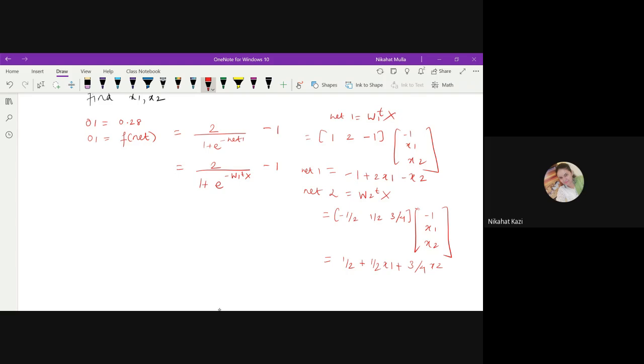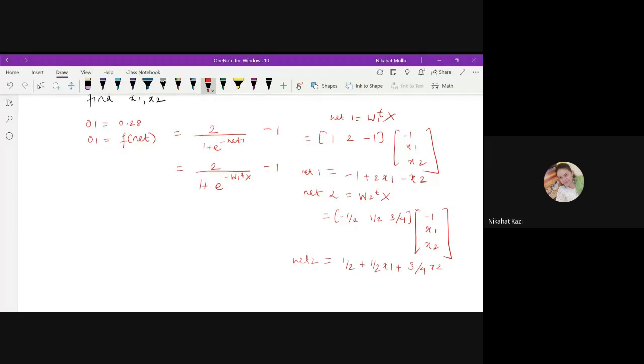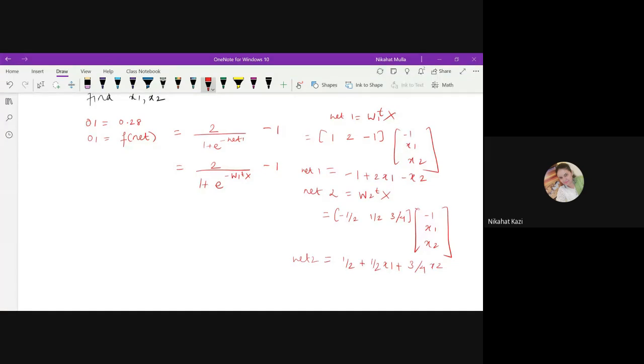So now we have two equations, one for net1, one for net2. What is remaining now? We need to substitute here and equate. O1 is given to us.